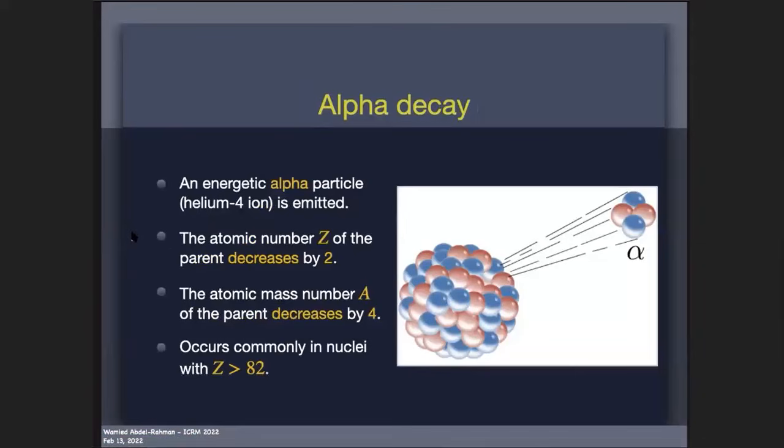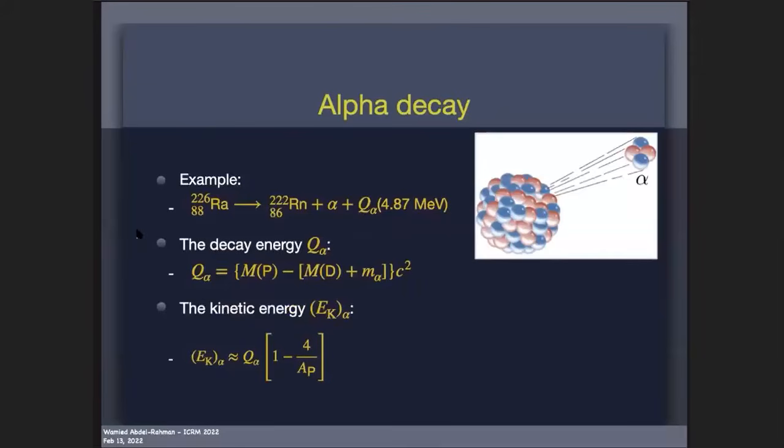And this commonly occurs in nuclei with Z greater than 82. This is an example. Radium decays into radon with an alpha particle. And we can calculate the decay energy just using the masses of the parent, the daughter, and the alpha particle mass.